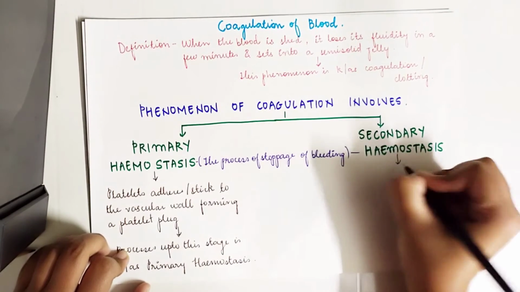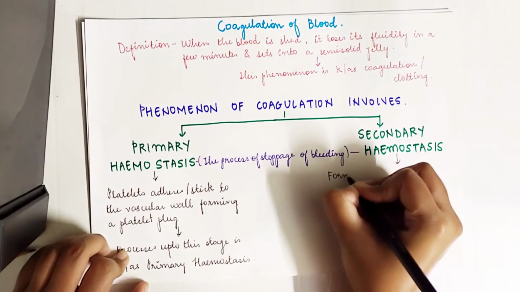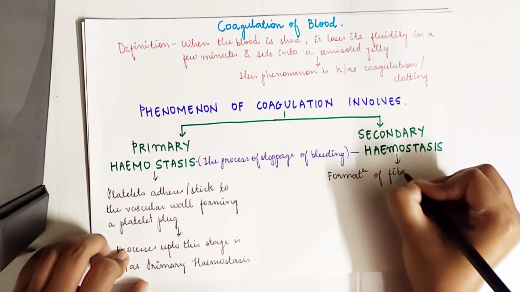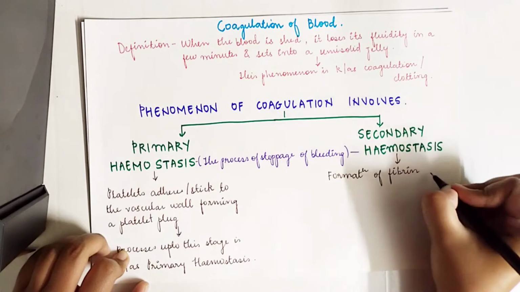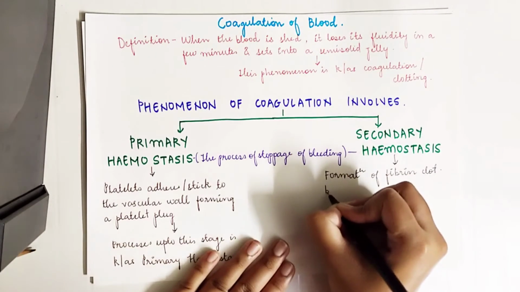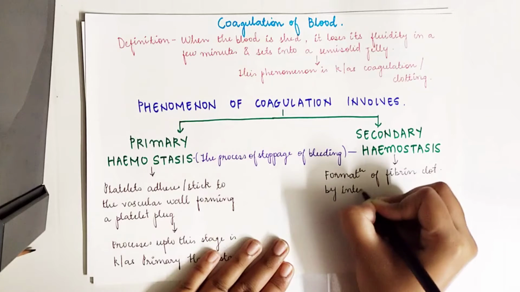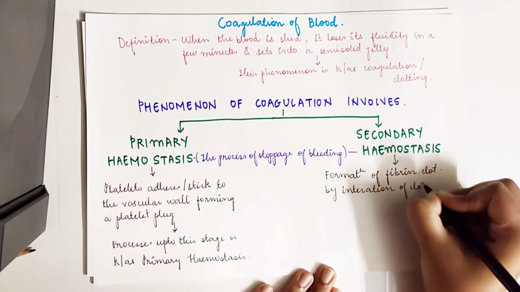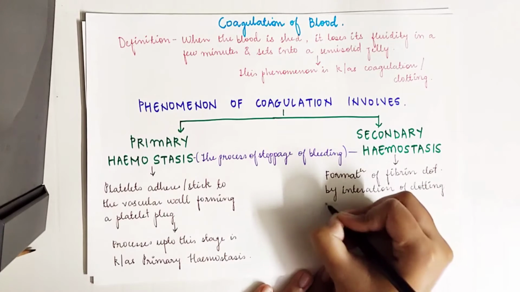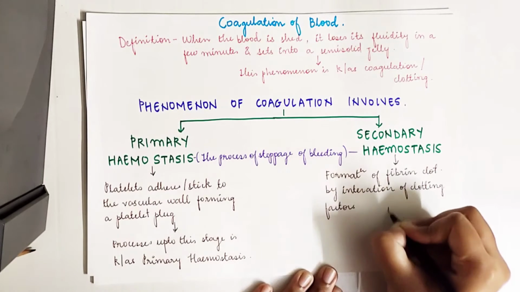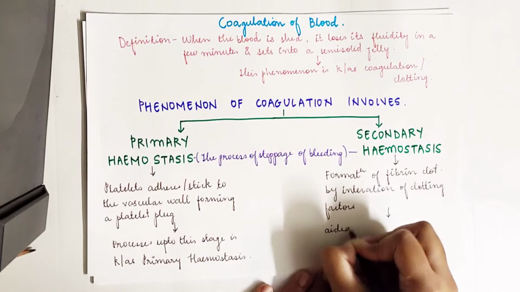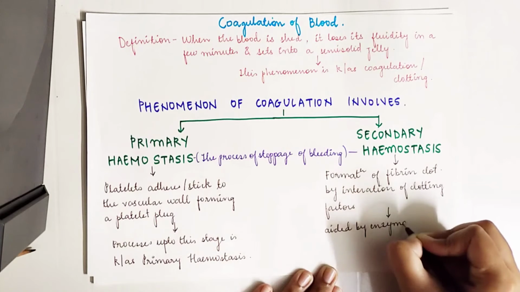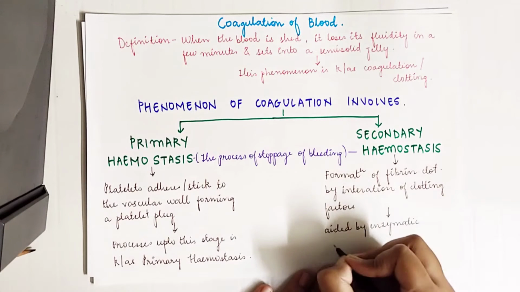Here there is mainly the formation of fibrin clot by interaction of clotting factors, which is aided by enzymatic reaction.